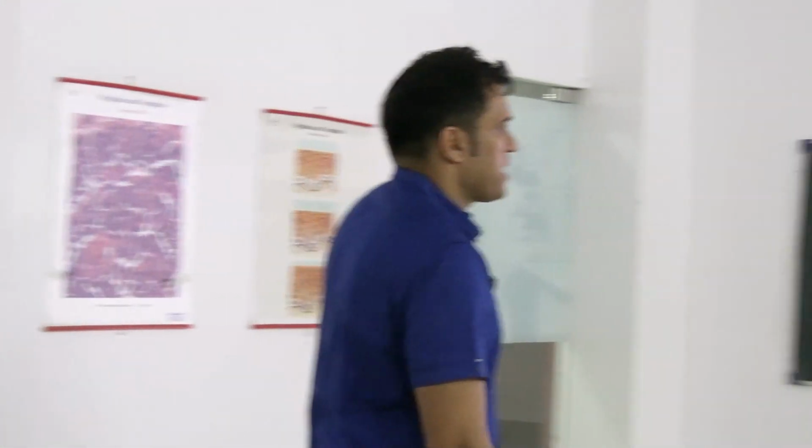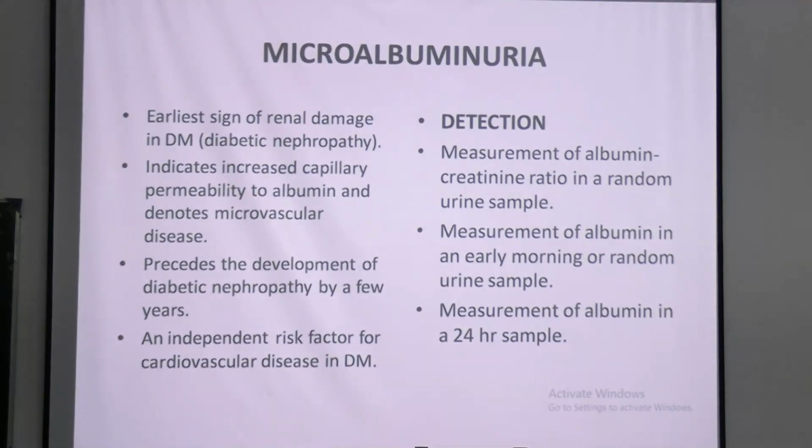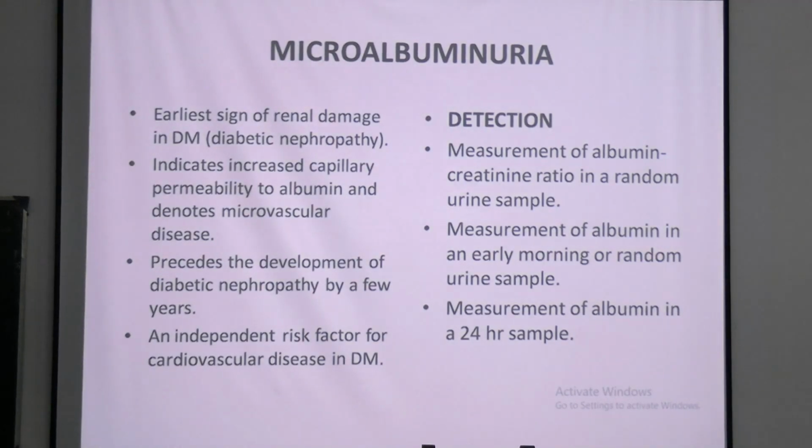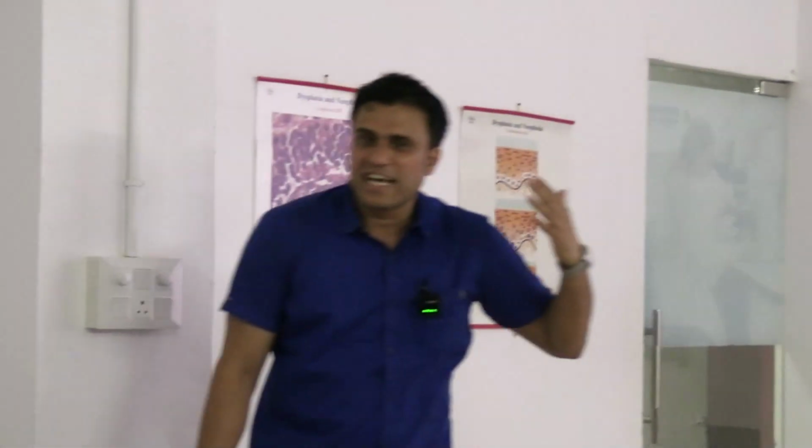So what is microalbuminuria? What is its importance? This is more of theory. Microalbuminuria is the earliest sign of renal damage in diabetes mellitus. Albumin is getting excreted in the urine.